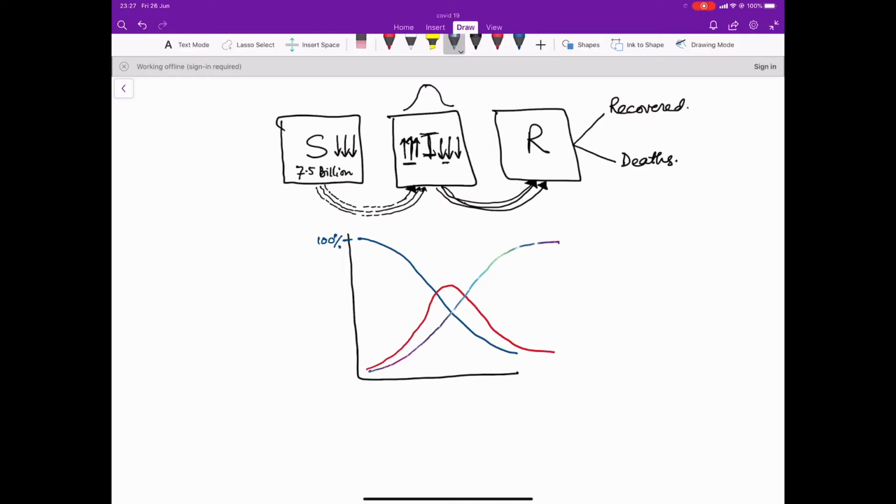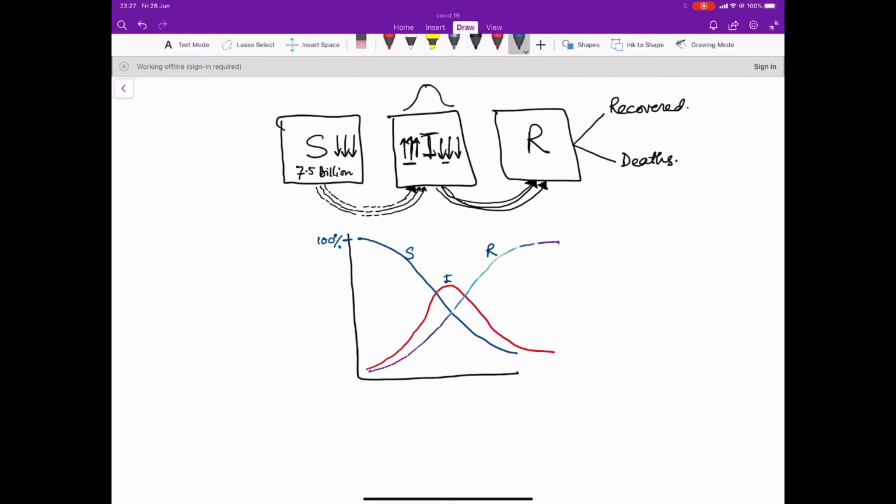So this is the S, this is the I, and this is the R. This is the mathematical relationship between these three compartments. The S goes down gradually over a period of time. The infected increases rapidly, then it reaches a plateau, and then it goes down. While the number of R, which is recovered plus death, gradually increases over a period of time till it reaches a plateau.